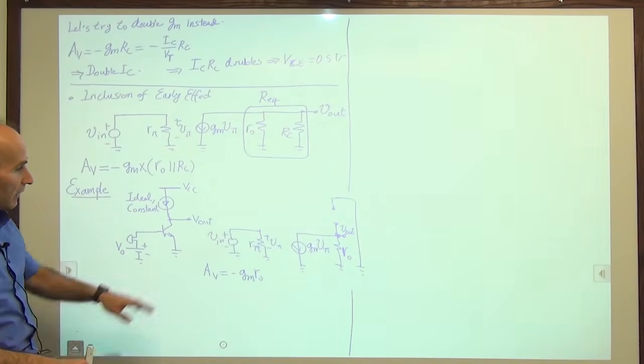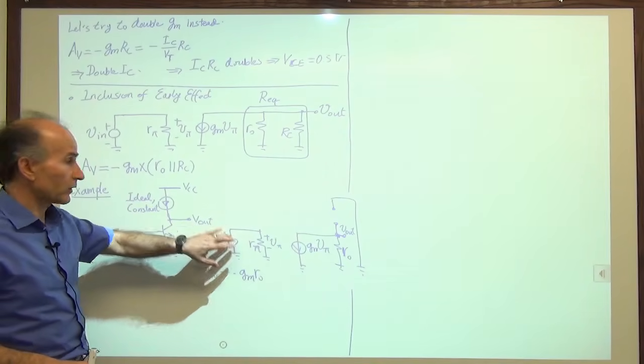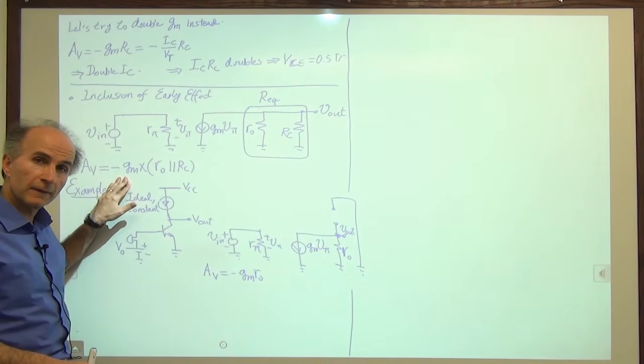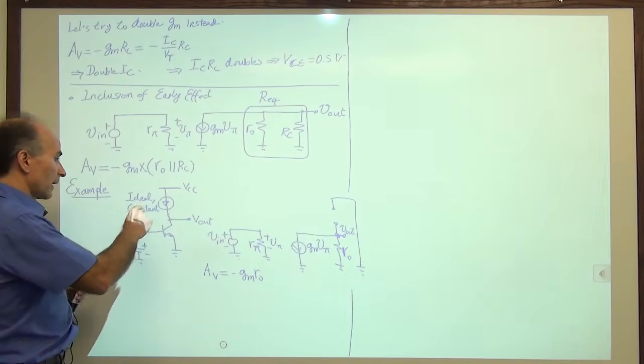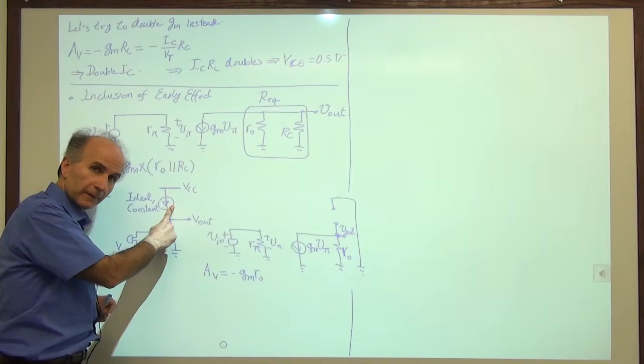All right, now, did I really have to draw this model here? Could I just start from this equation? Well, I could have thought of it like this. I could have said an ideal current source becomes an open circuit.